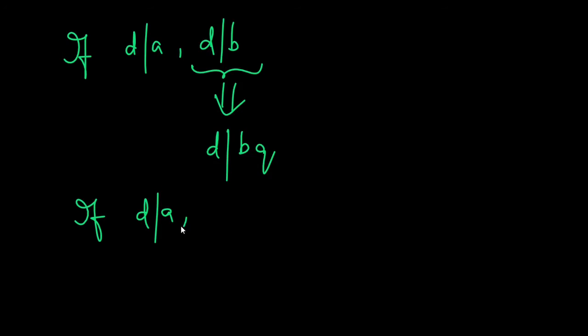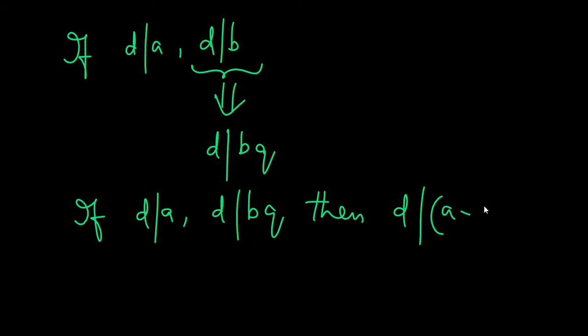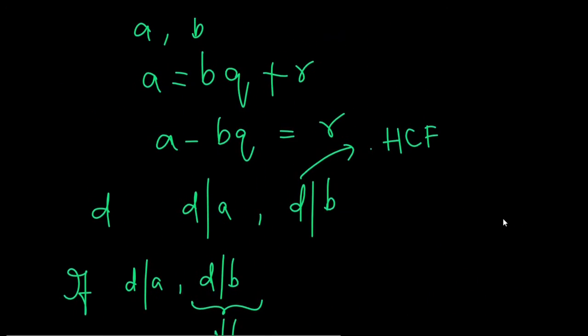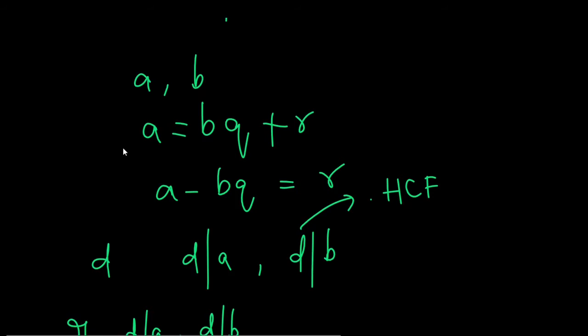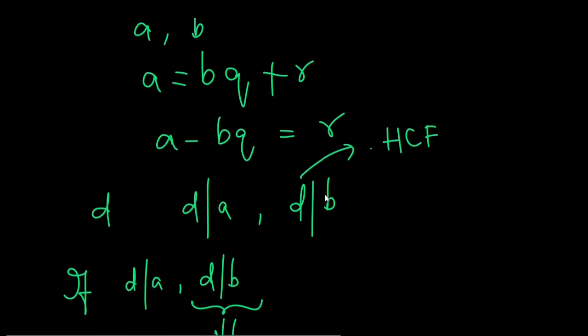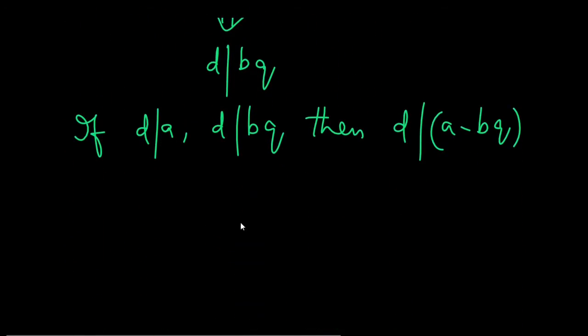If D divides A and D divides BQ, then D divides A minus BQ. What is A minus BQ? From Euclid's division lemma, A is equal to BQ plus R. So A minus BQ is equal to R. So here D divides A minus BQ.